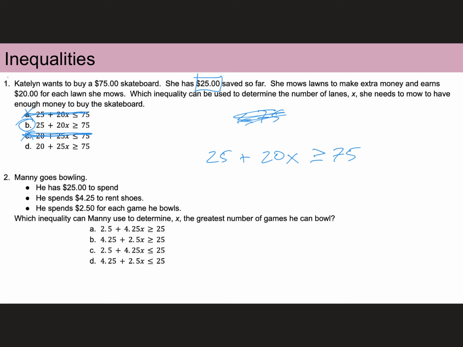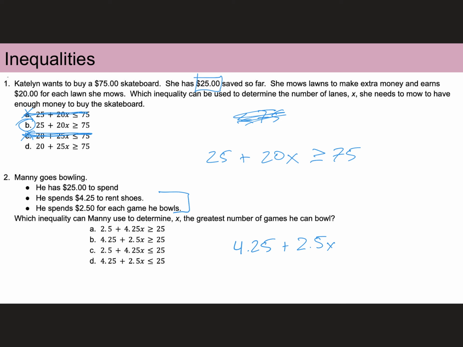Last one, Manny goes bowling. He has $25 to spend. He spends $4.25 to rent shoes, and then $2.50 for each game. So I'm going to start with these two statements. He has to rent the shoes, but he only rents them one time. And then, for every game he plays, he spends $2.50. So if he plays one game, he spends $2.50. 2 games, double that. 3 games.